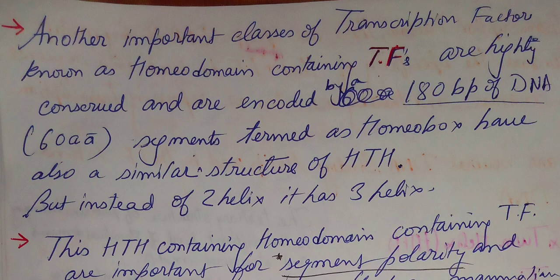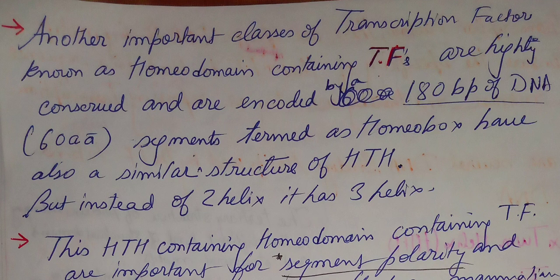That is, it is made up of 60 amino acids termed as homeobox, which also has that same type of helix turn helix motif. Again I repeat, another important class of transcription factors known as homeodomain containing transcription factors have a homeobox.